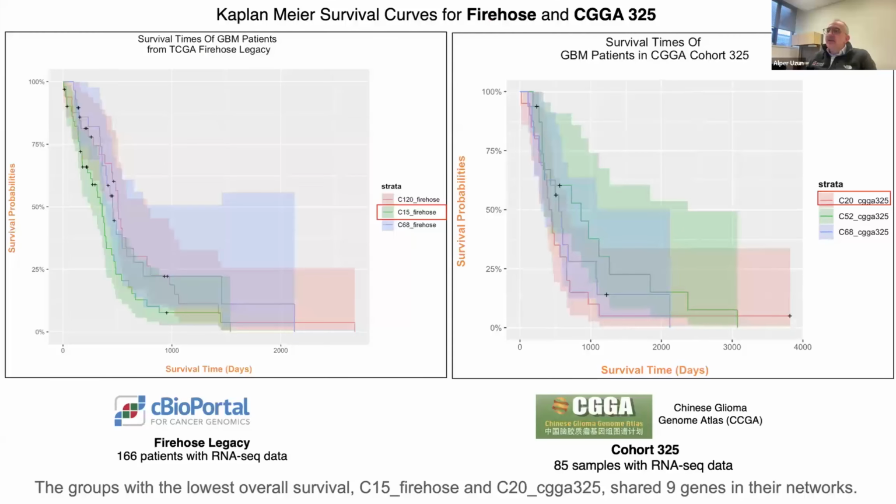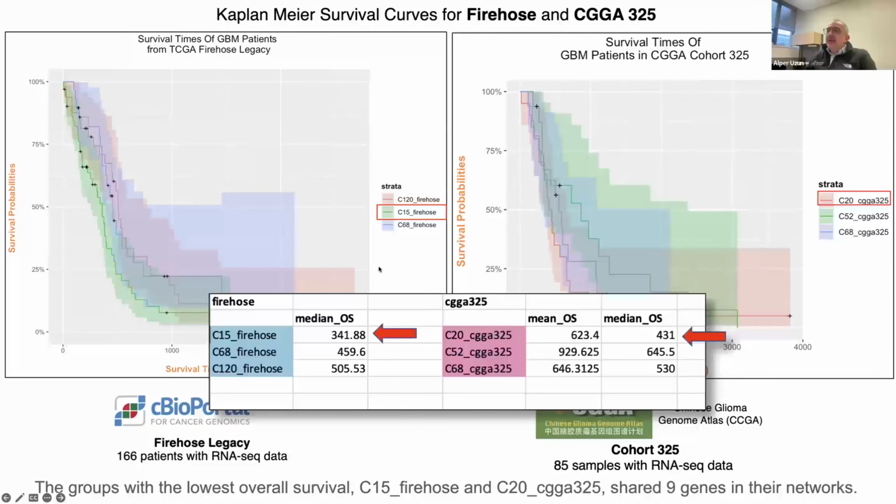Then we ask the question, let's see the comparative analysis of their survival days. C15 is the lowest one, and C20 was the lowest one in the Chinese glioma data set. So these are the representation of comparative analysis.